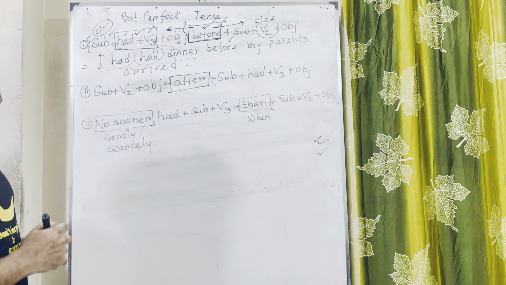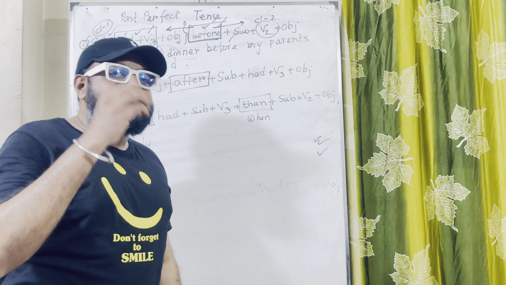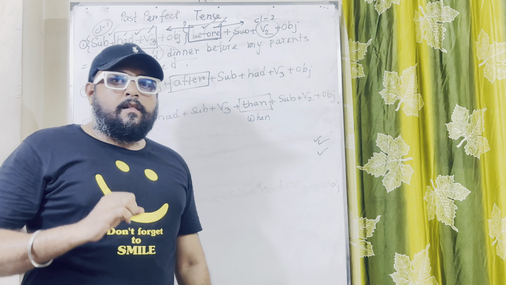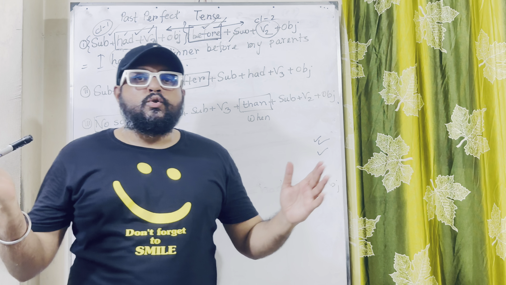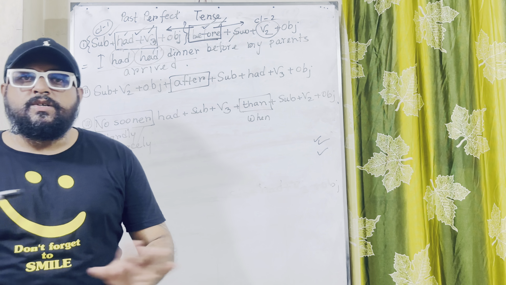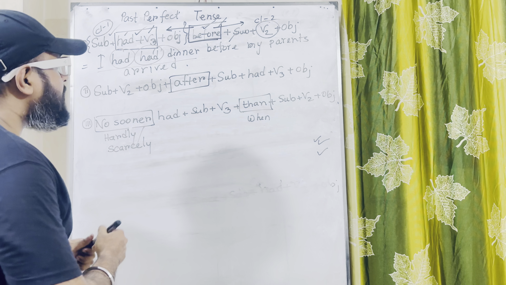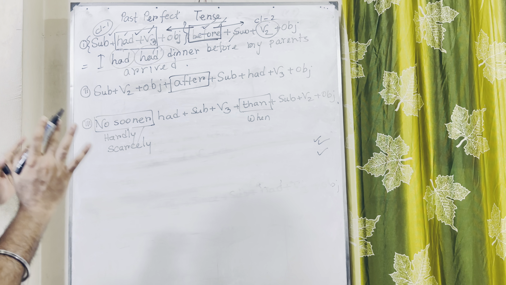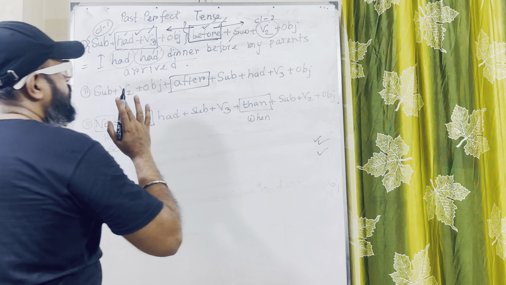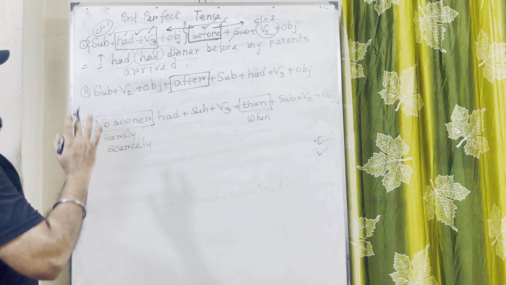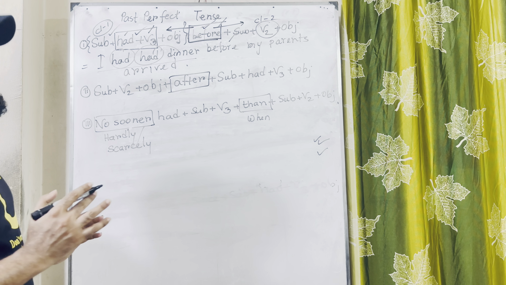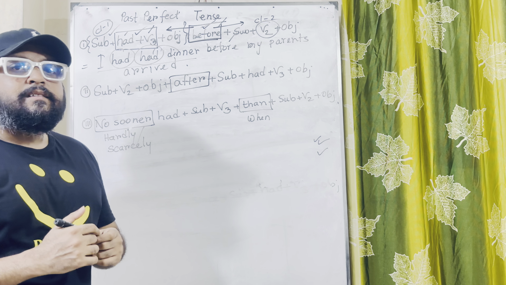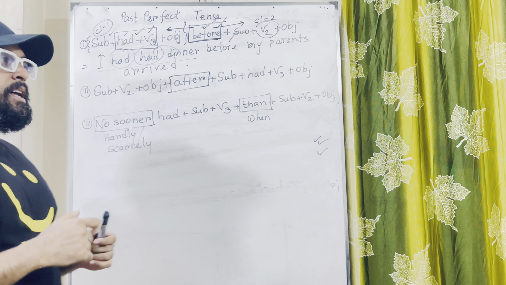Now rule number 2 is just the opposite. That means you need to swap the positions of the clauses. What happened in rule number 1? In rule number 2, the same thing happens, but they exchange their positions.